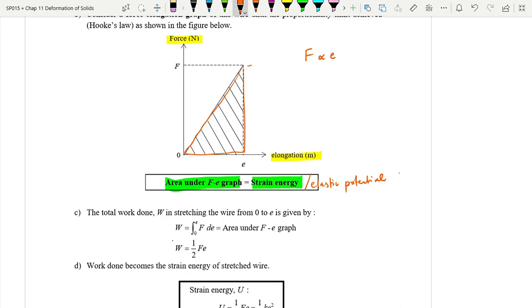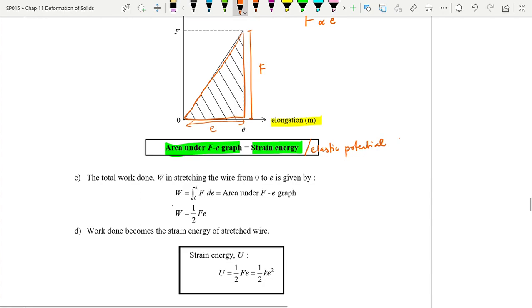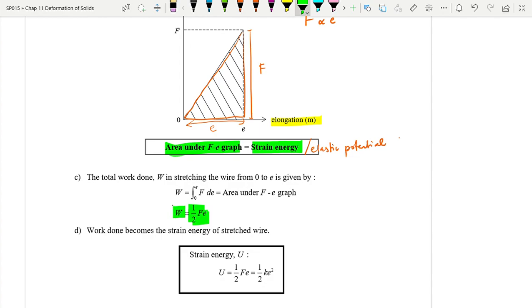Jadi daripada sini sampai sini, ini adalah force apply ataupun load. From here to here, that is the elongation. So it has to be half times force times Fe. That is the work done ataupun strain energy ataupun elastic potential energy.